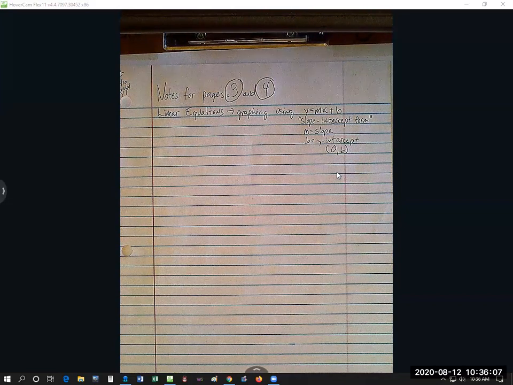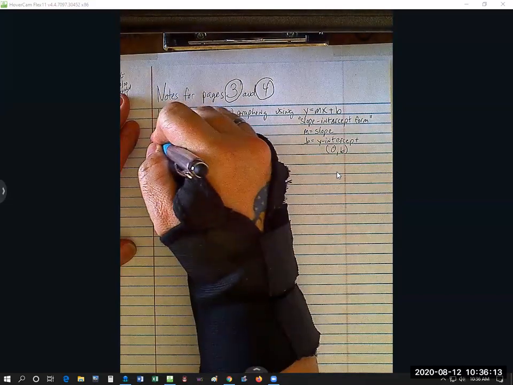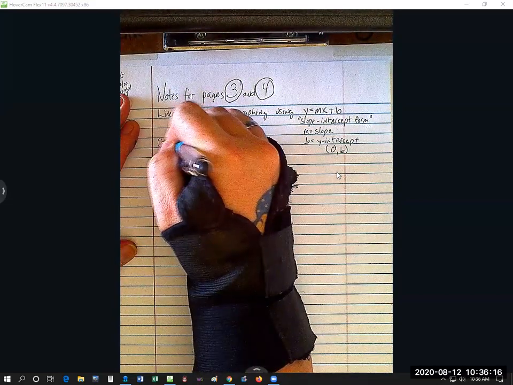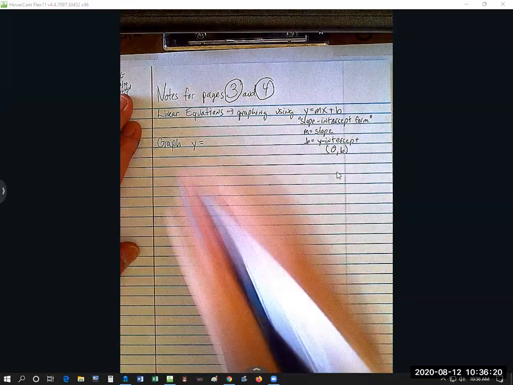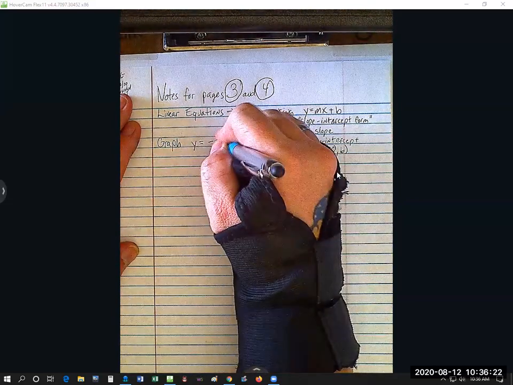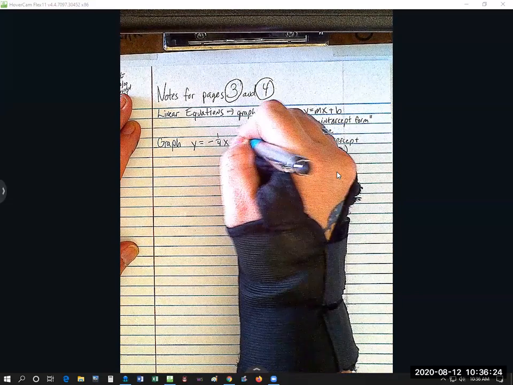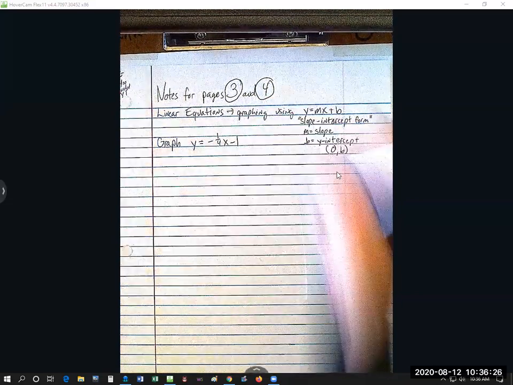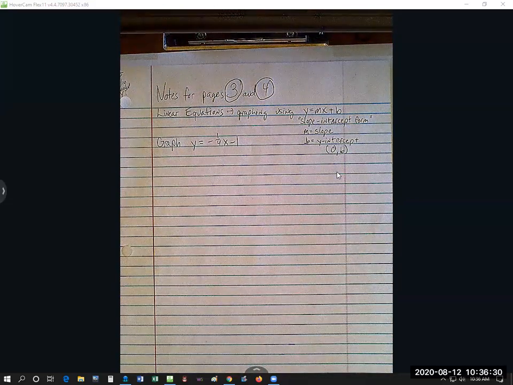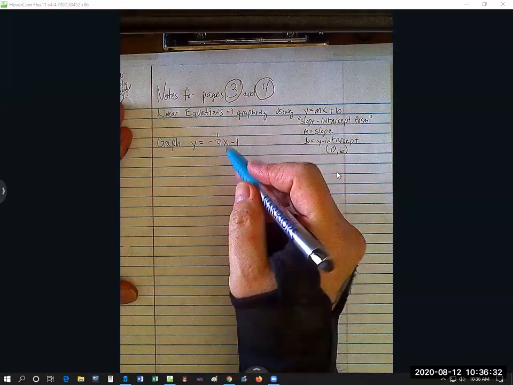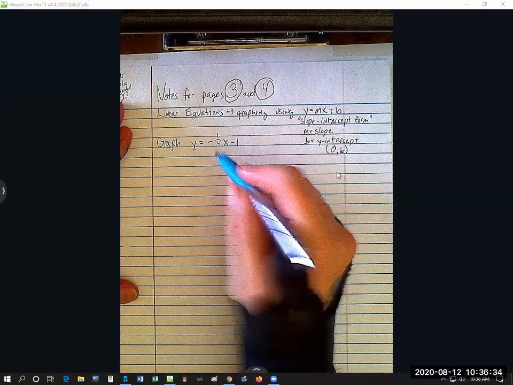All right, so we're going to take a look at graphing the equation y equals negative 1/4 x minus 1. And remember that this graph represents every possible point, every combination of x and y that will work in this equation.